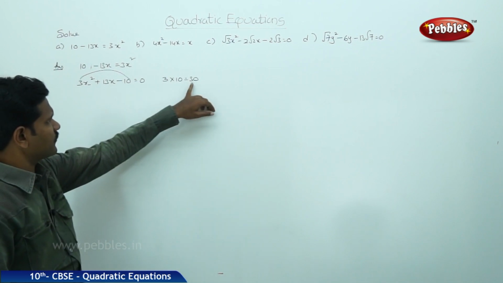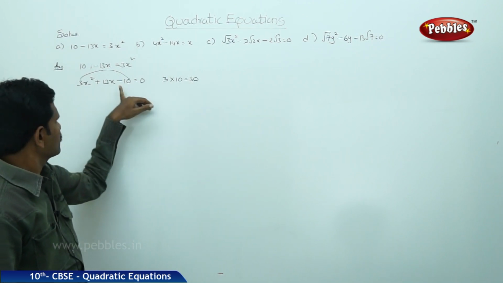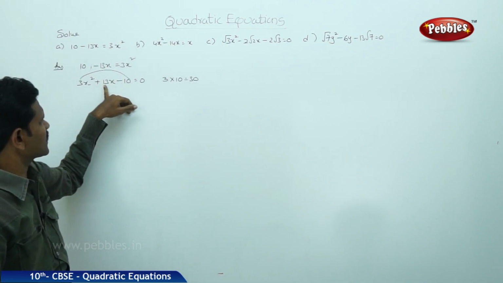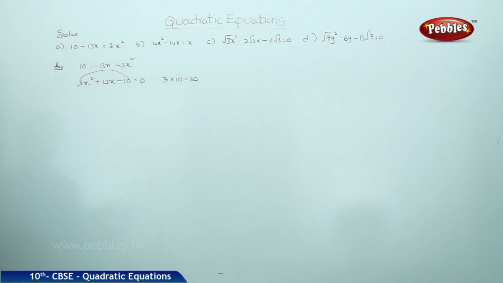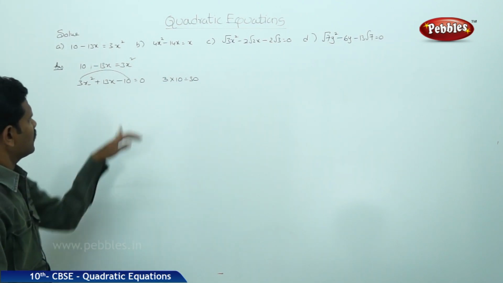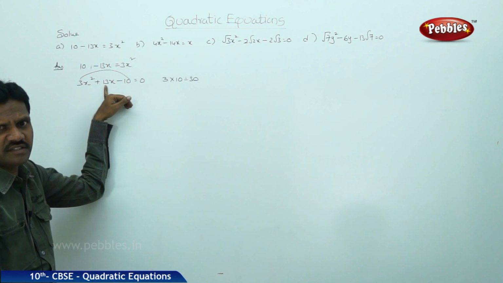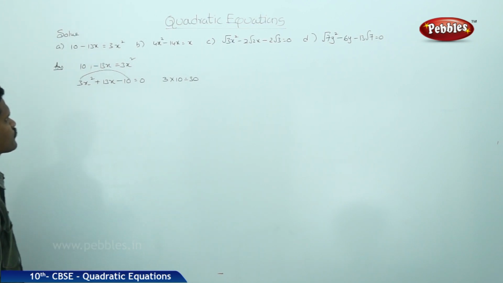Now we have to find the factors of 30. After subtraction we must get the number 13.